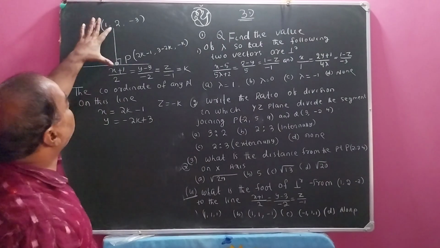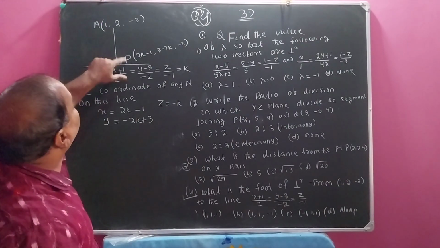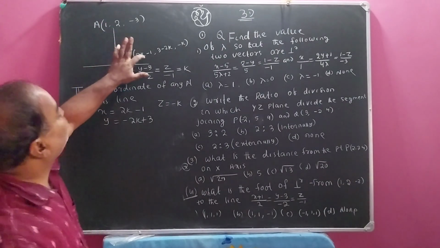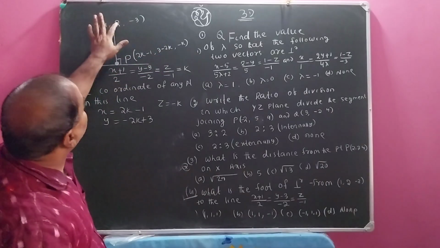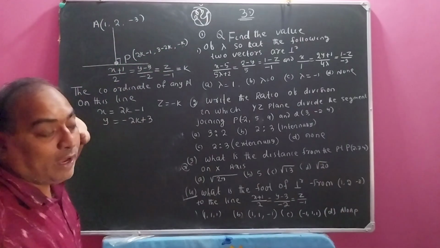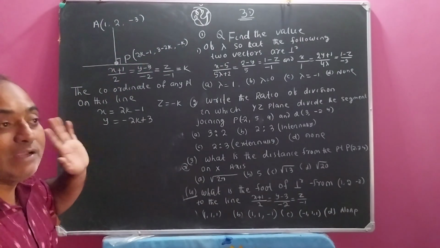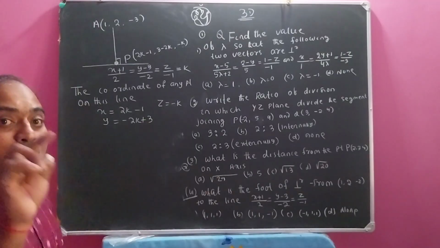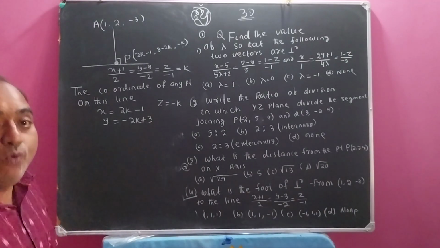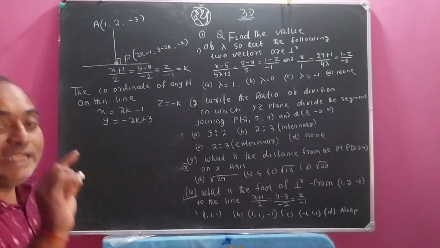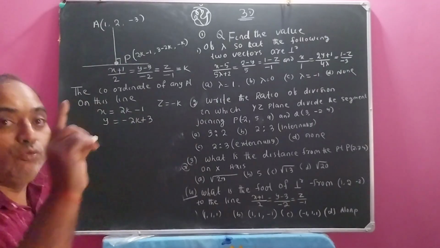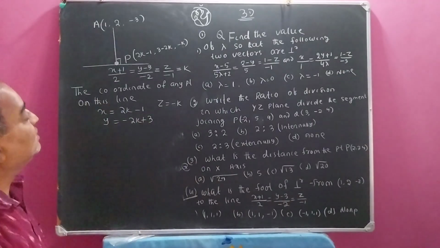AP means x2 minus x1, y2 minus y1, z2 minus z1. The direction ratio of the line segment joining x1, y1, z1 and x2, y2, z2 is given by x2 minus x1, y2 minus y1, z2 minus z1.